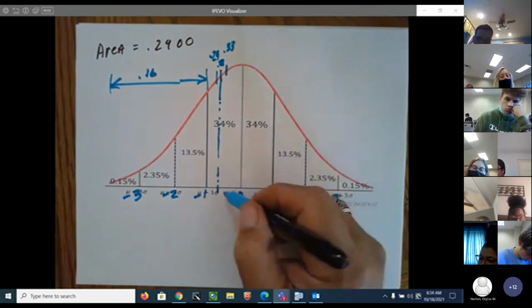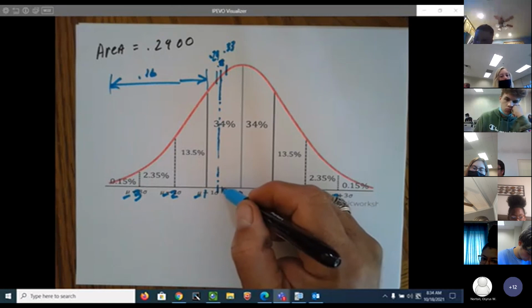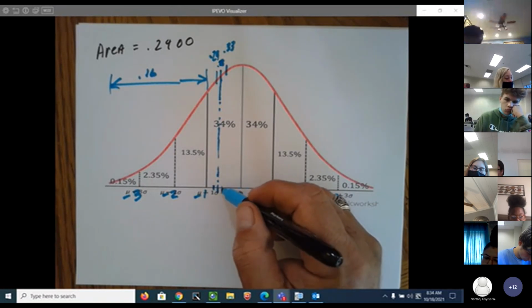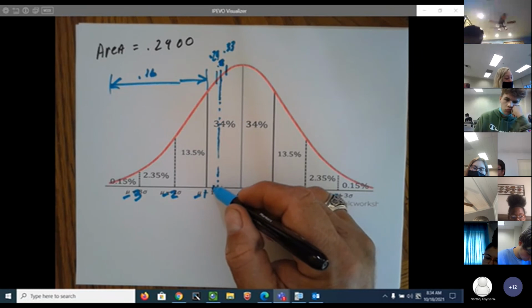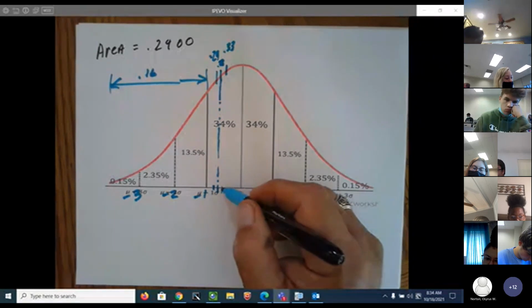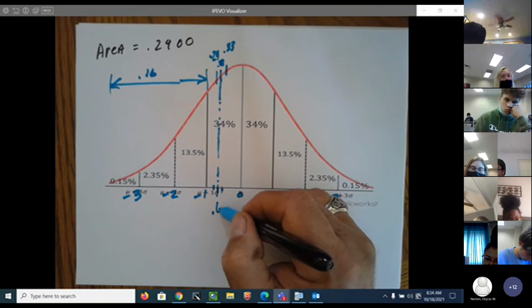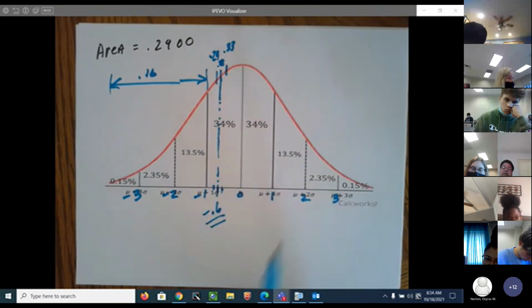This is 0.5. That would be 0.75. So between 0.5 and 0.75, I'm going to say 0.6 something. I'm going to say negative 0.6. That's what I get for an estimate.